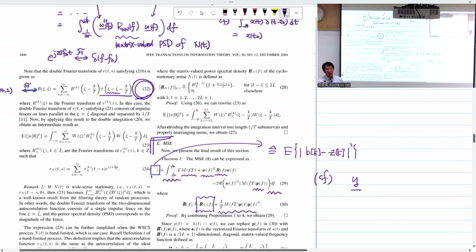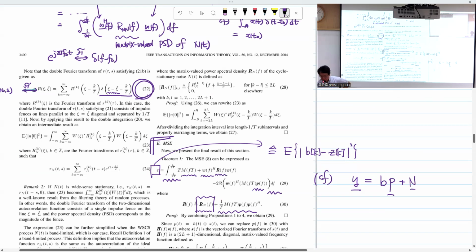Your observation is a random vector Y, complex valued, and suppose your desired signal component is B times some vector P. P is of the same length as Y, plus N, where N is the additive noise.